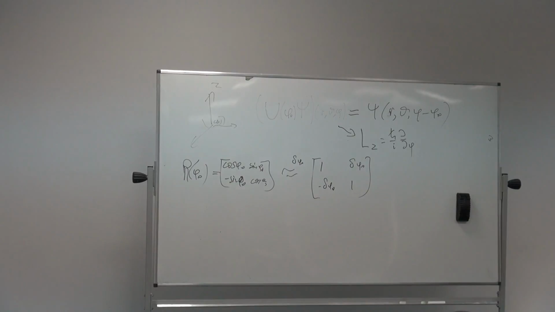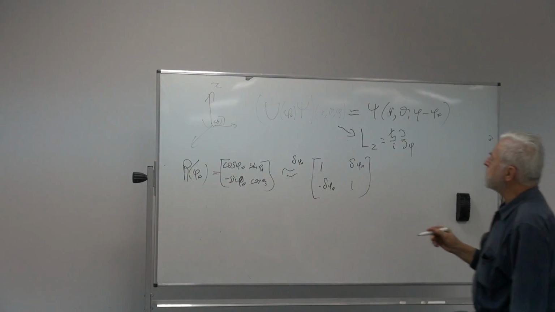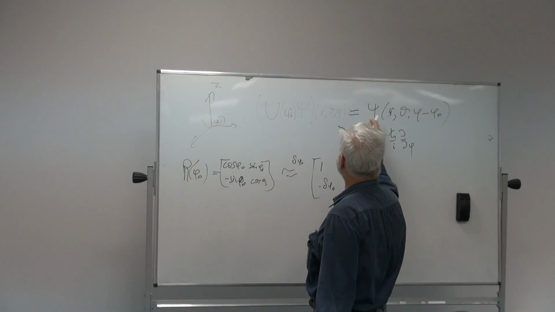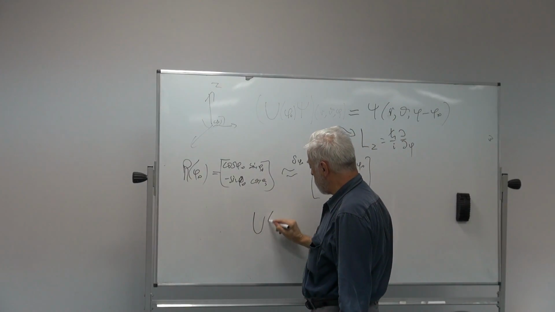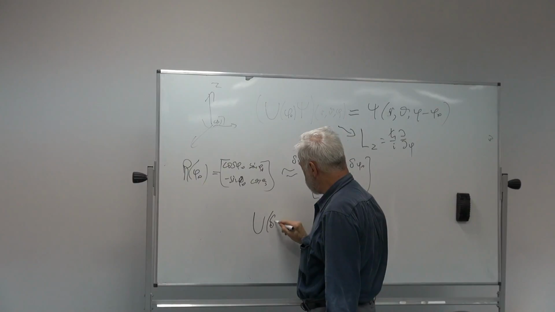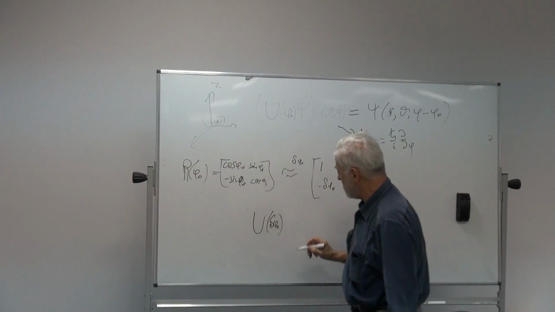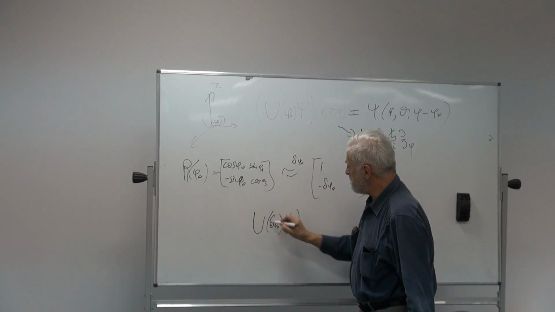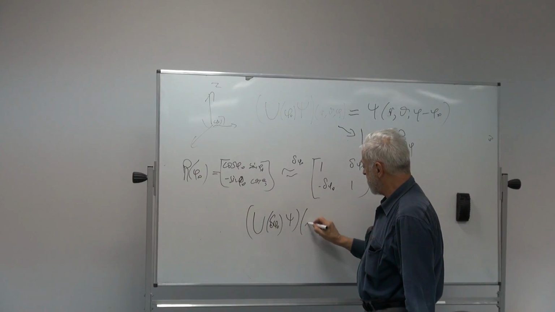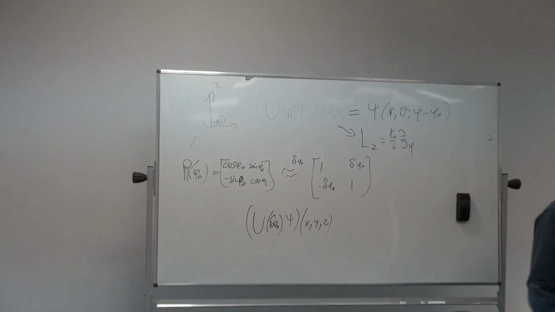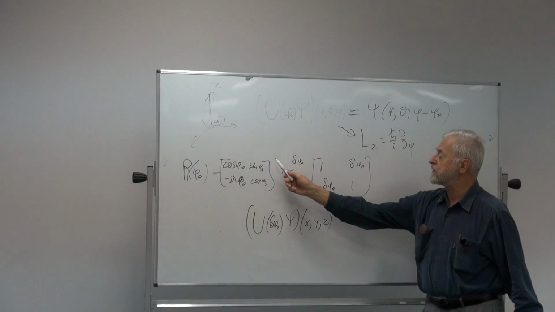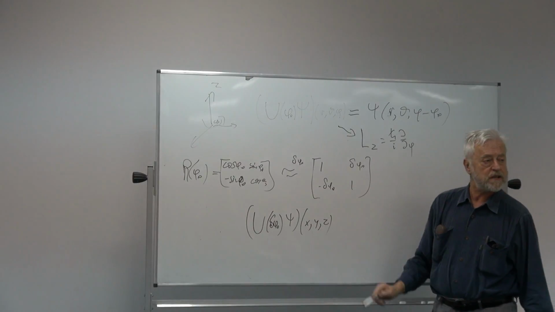Okay, if we know this, then we can rewrite exactly the same equation, namely U of this delta phi naught acting on psi, but this time in x, y, z coordinates as the action of this matrix on this x and y.